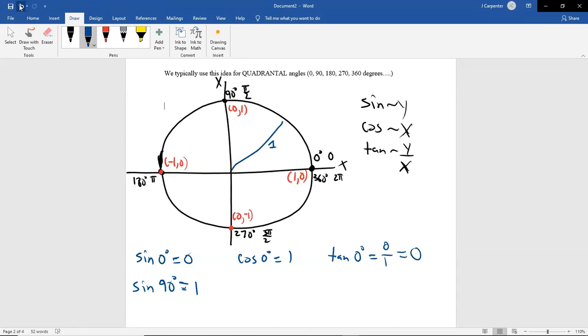And then after the 1, it's going to fall back, as we'll see. But the cosine of 90 degrees? Well, that's the x-coordinate. The x-coordinate is 0, so 0. How about the tangent of 90 degrees, or tangent of pi over 2, since that's 90 degrees? Tangent's the ratio of y over x. 1 over 0, which is undefined.